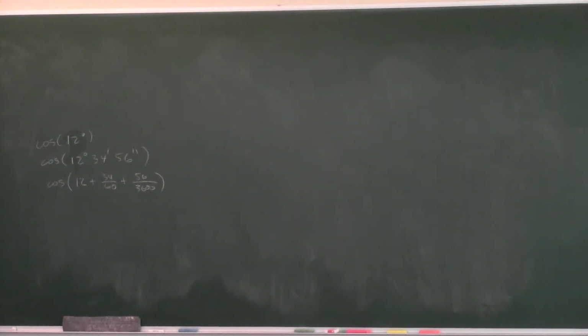Then you punch in 34, shift, press that button again, and the minutes come out. Then 56, shift, press that button again, and the seconds come out. Right arrow, and then enter. Hey, look, it's the same number. Well, it should be the same number.